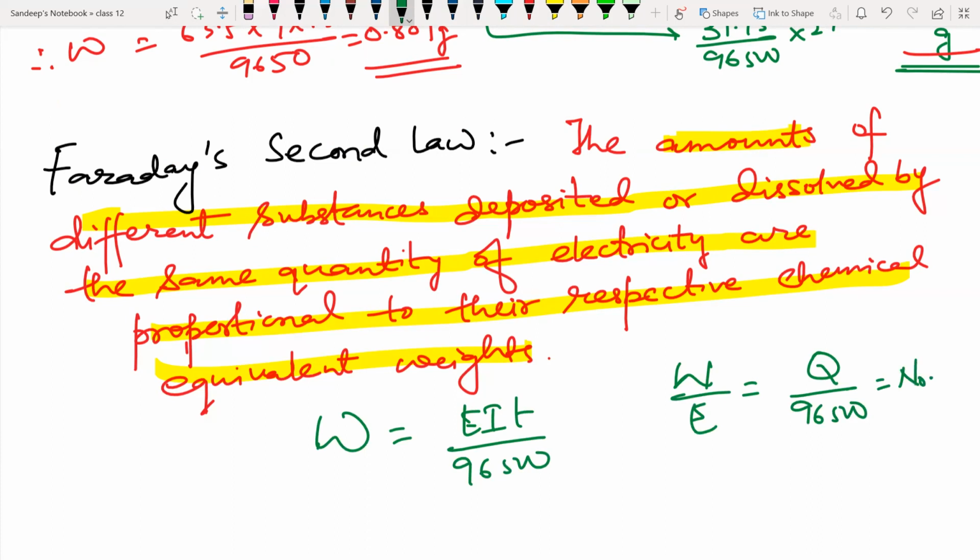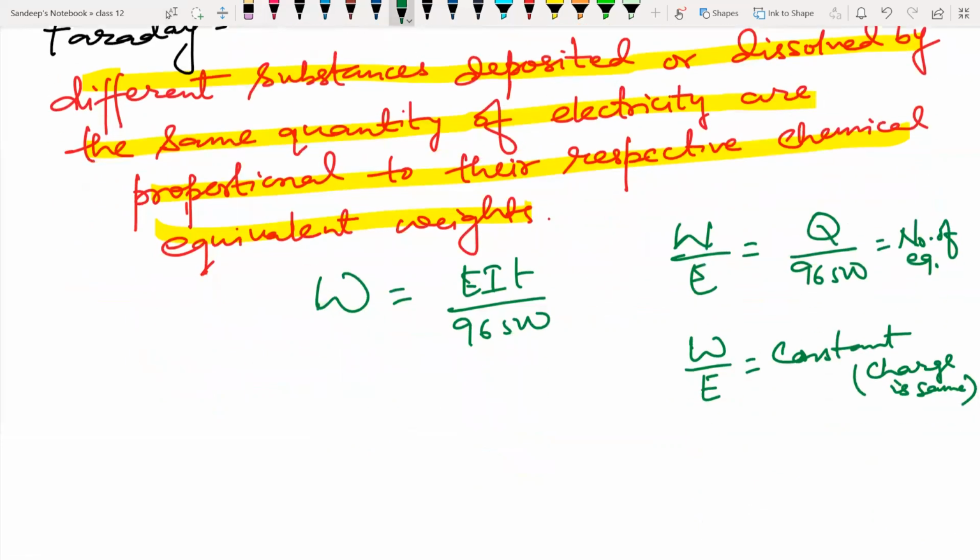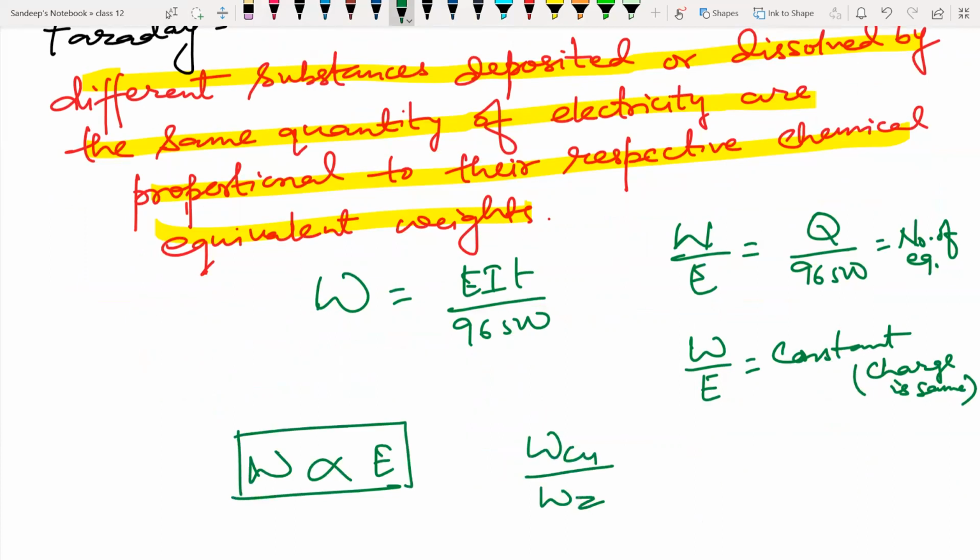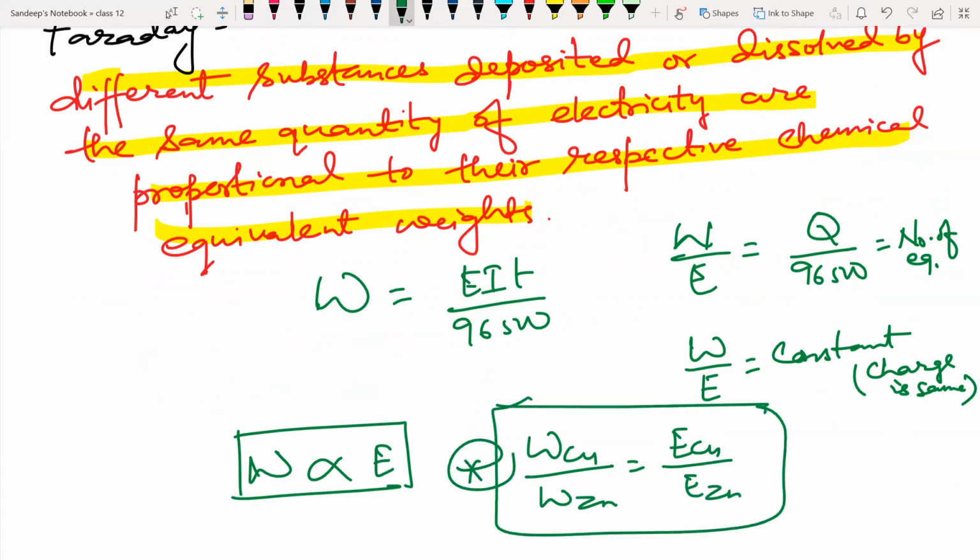This is nothing but number of equivalents. So W by E is equal to constant, as charge is same. So W is directly proportional to E. So we can write W copper by W zinc is equal to equivalent weight of copper by equivalent weight of zinc. So this way you can solve questions.